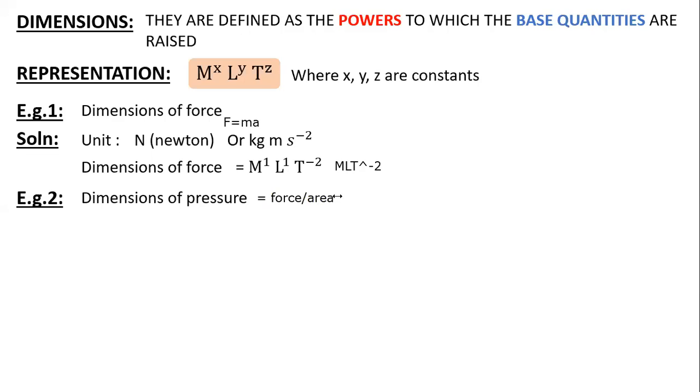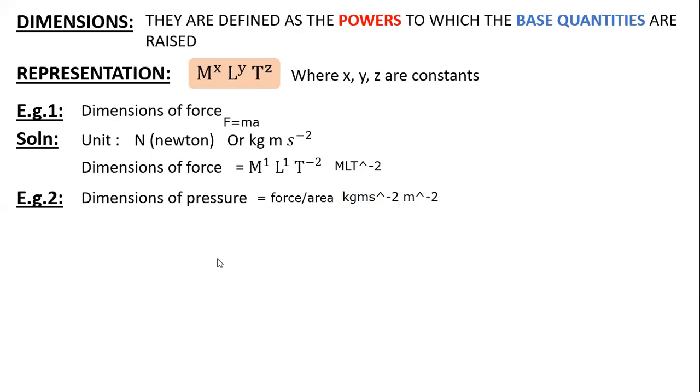If you already know the unit as kg meter per second square, I need to divide that by area. So this can be written as s power minus 2. Similarly, m power minus 2 because it is per meter square. So the final m power becomes minus 1 because here the power is 1 and here the power is minus 2. You need to use your simple exponent property for like terms. So the m power becomes minus 1.